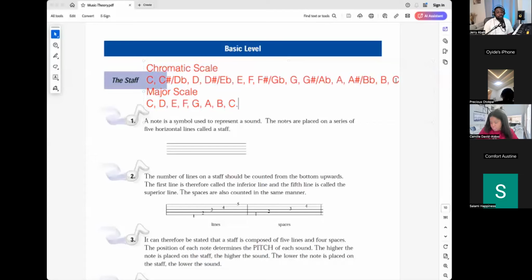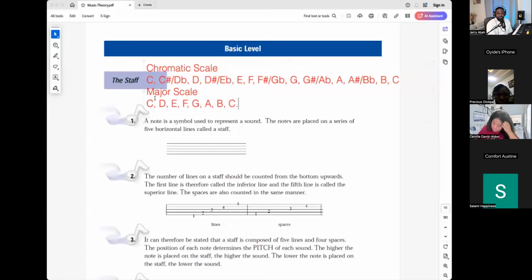All right, so in the chromatic scale, you see that we have a total of 1, 2, 3, 4, 5, 6, 7, 8, 9, 10, 11, 12. The 13th note is the repetition of the C, which makes it an octave. And then in the major scale, we have a total of 1, 2, 3, 4, 5, 6, 7 notes.